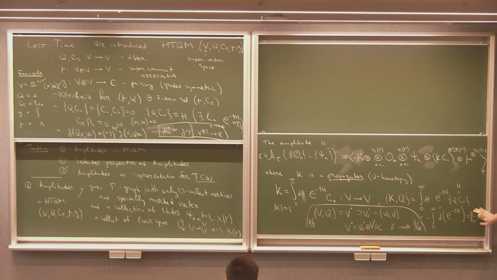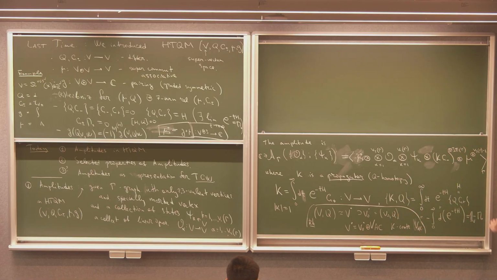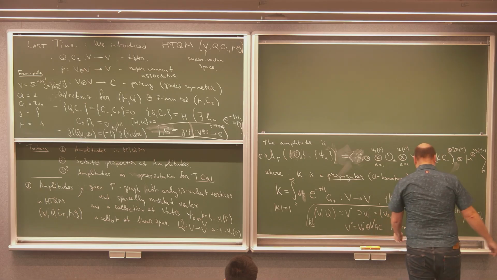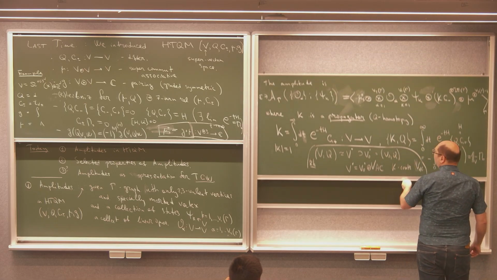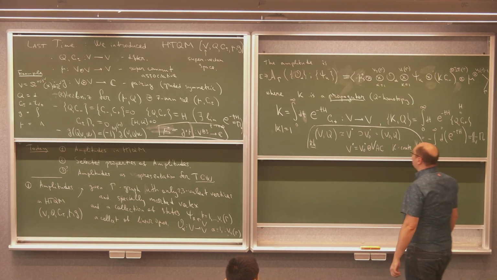It means that outside of V0, in the complement of V0, the anticommutator of K and Q is 1, and that essentially means that K inverts Q on some subspace, the complement of V0. That's the reason for calling it the propagator in physics.